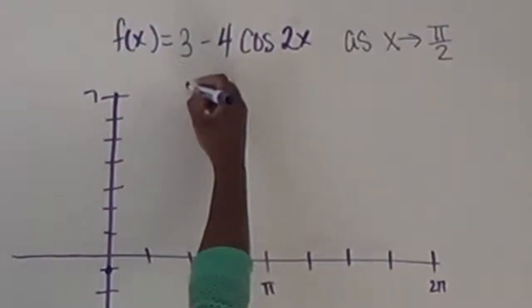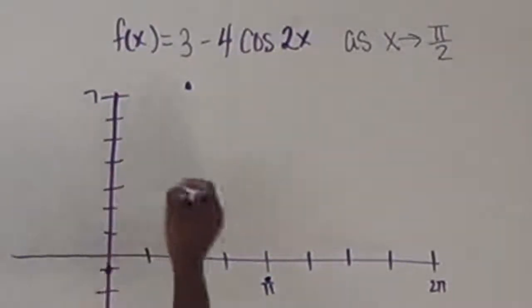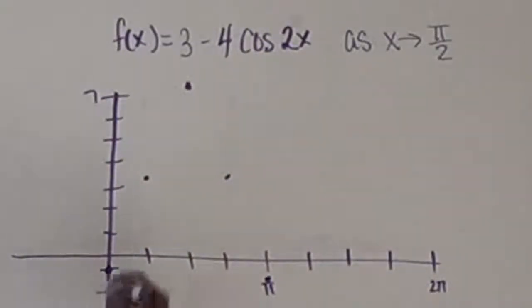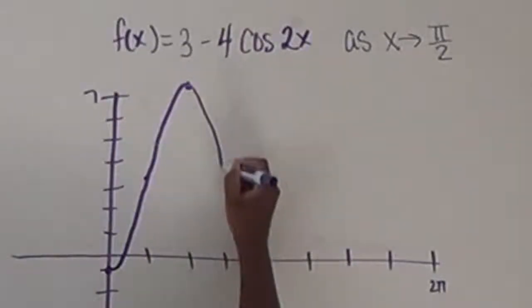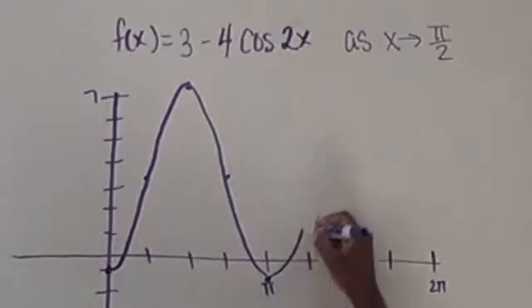When x is pi, we're back to negative 1, and there's one full period. If we want to find the zero points, you can look at pi over 4 and see that the midpoints are going to be at 3. So here's one full period of our function.